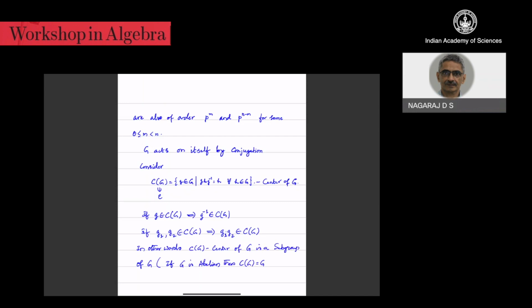Otherwise, it will be a proper subgroup. So the center is the whole group if and only if G is abelian. Okay. So now, using the action of G on itself by conjugation, we want to show that if you start with any group whose order is a prime power, then the center is non-trivial. That's what we want to do.